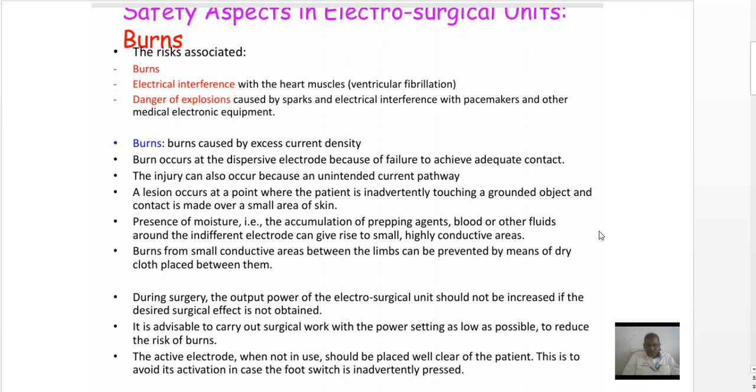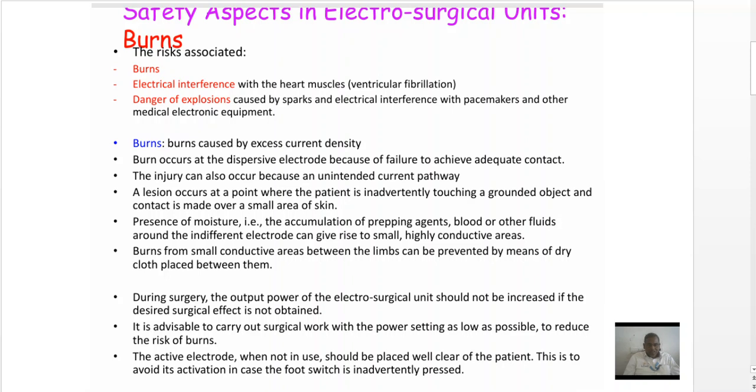It is advisable to carry out surgical work with the power setting as low as possible to reduce the risk of burns. The active electrode, when not in use, should be placed well clear of the patient, to avoid its activation if the foot switch is inadvertently pressed. These are the burn-associated risks and some effective measures.